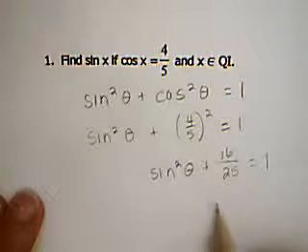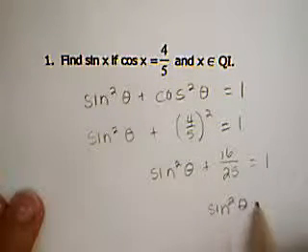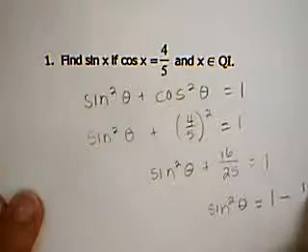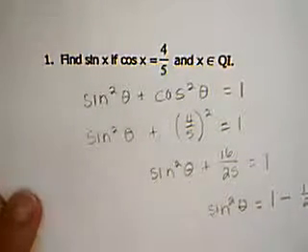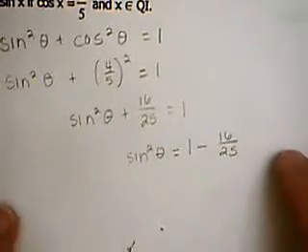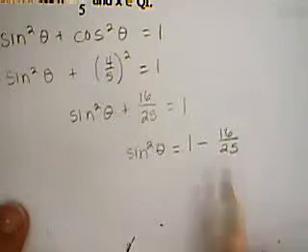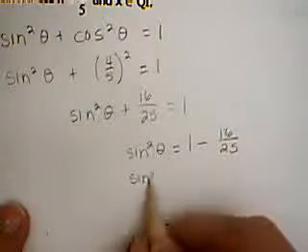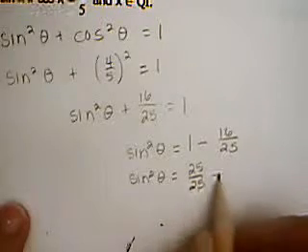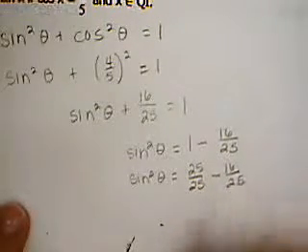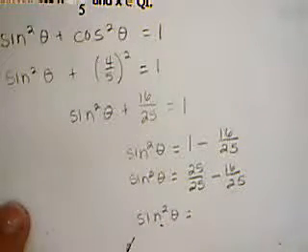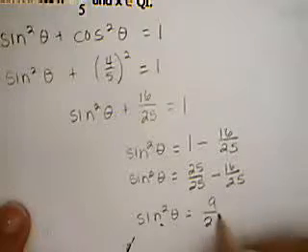Subtract 16 over 25, and we have sine squared of theta is equal to 1 minus 16 over 25. From here we would have to get a common denominator of 25. So sine squared of theta is equal to 25 over 25 minus 16 over 25, which would just be 9 over 25.